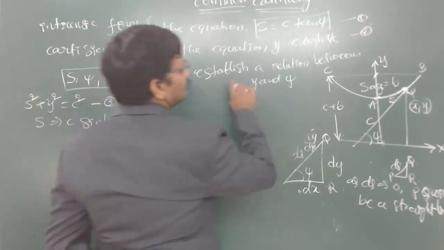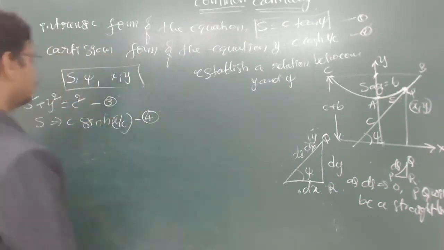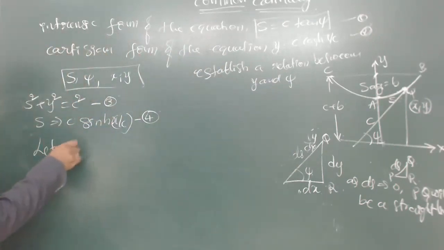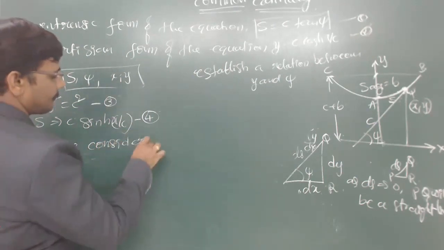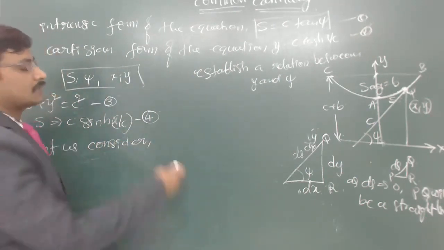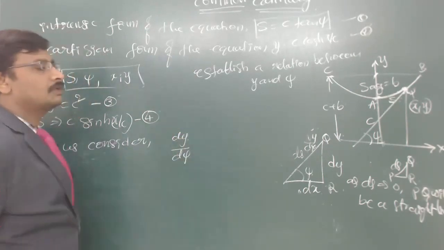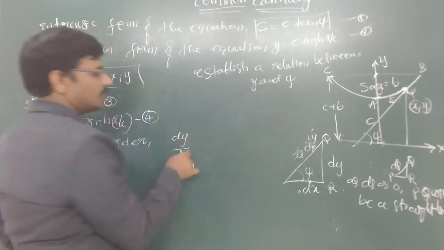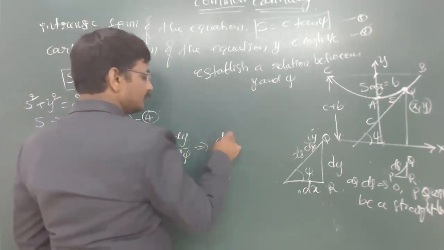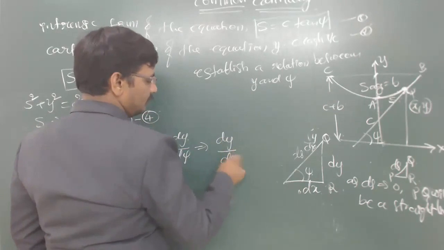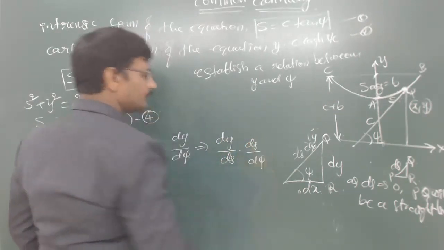See this. To establish the relation between these two, let us consider dy by ds, dy by d psi. So dy by d psi will establish the relation between these two. Now to simplify this, we will be using the methodology of dividing by ds and multiplying with ds.